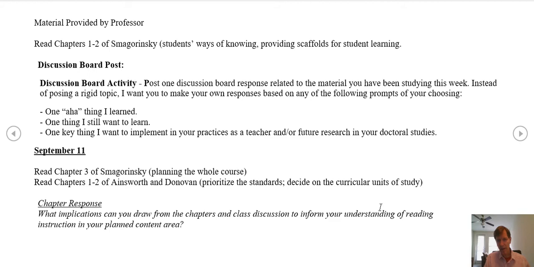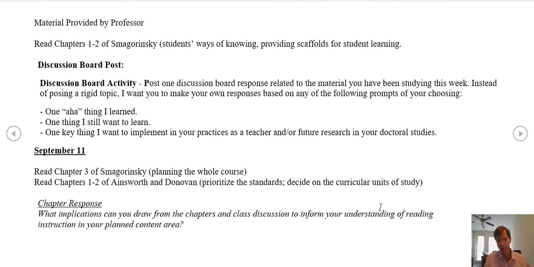Some of you will find that you enjoy the discussion board more, and that the discussion board actually stimulates you intellectually to think about the material in more lively ways more than a chapter response does. Some of you will find that the act of doing a systematic and thoughtful, reflective chapter response helps you to understand the material a little bit better.